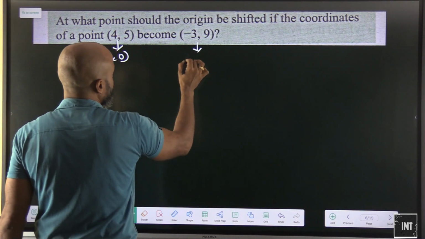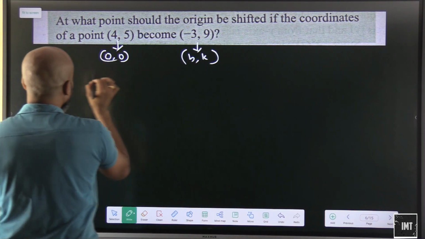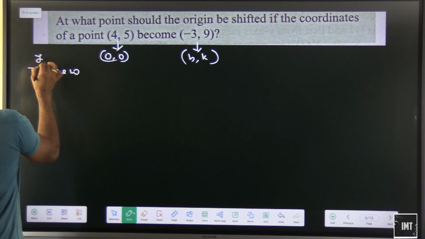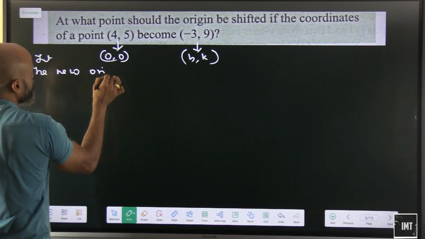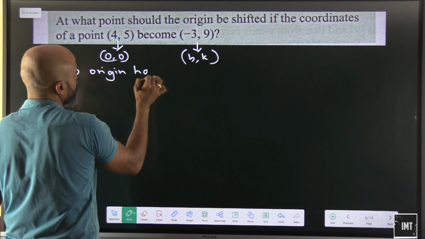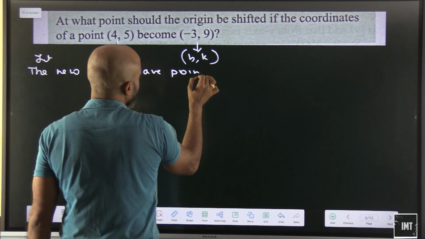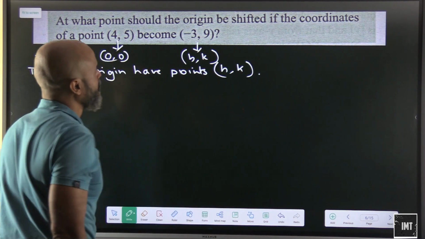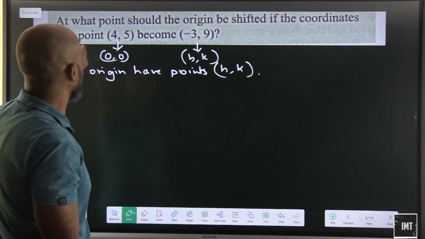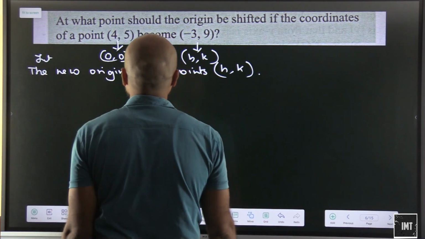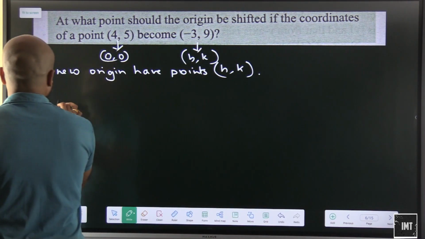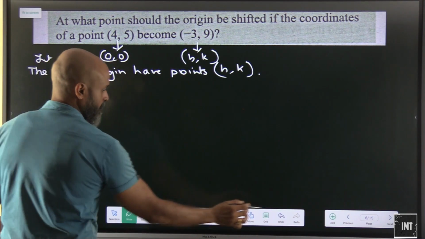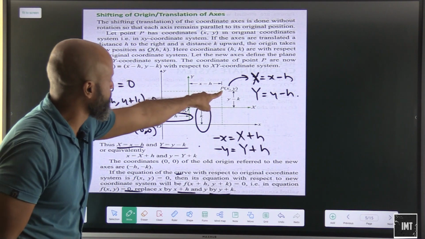Here we do not know the new origin, so let's say the new origin has points h and k. So we know that x is equal to, or rather if you go back here, x is equal to how much?